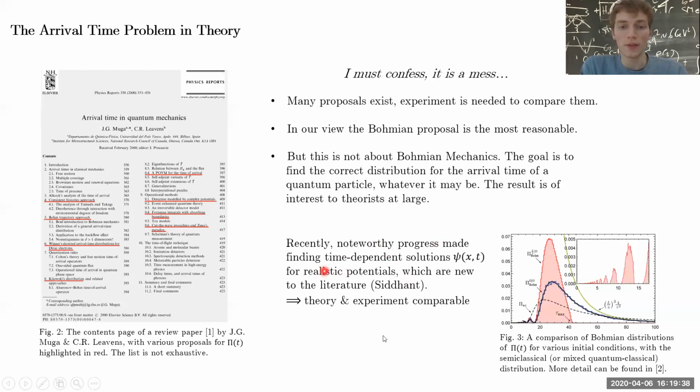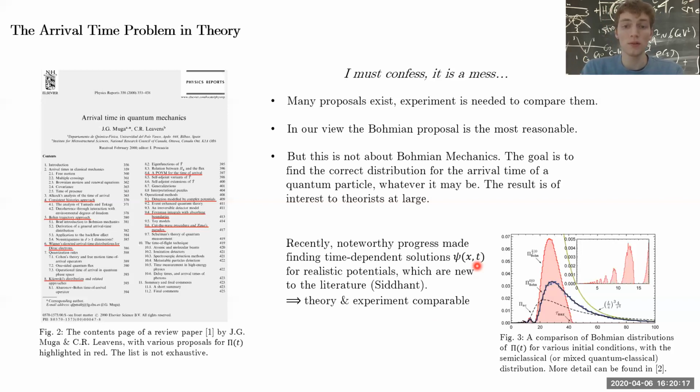I'm going to point out now that in order to derive capital pi of t, it's necessary, or at least very helpful, to have an exact solution of the Schrödinger equation for the potentials which are realistic for the setup which you guys can make. And I continue to be really impressed by things that Siddhant has done in solving the time-dependent Schrödinger equation for potentials which are increasingly more and more realistic.